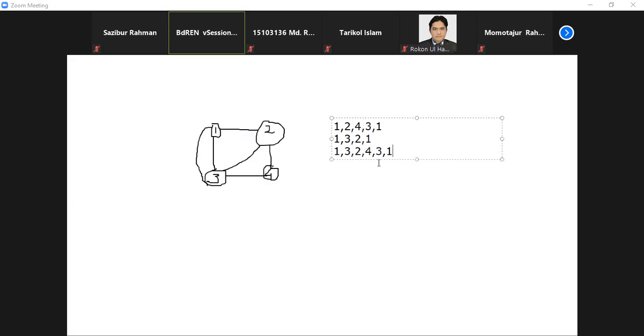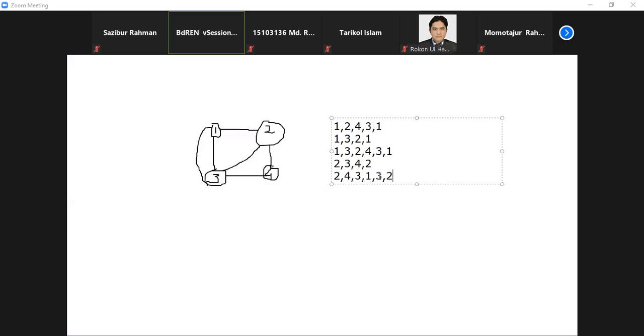There are several paths, so we can make some others also. So 2, 3, 4, 2. This can be a path also. And also 2, 4, then 3, then 1, and then 3 again, and then 2. This can be a path also, right? So you can see there are many paths where internal nodes are repeated.